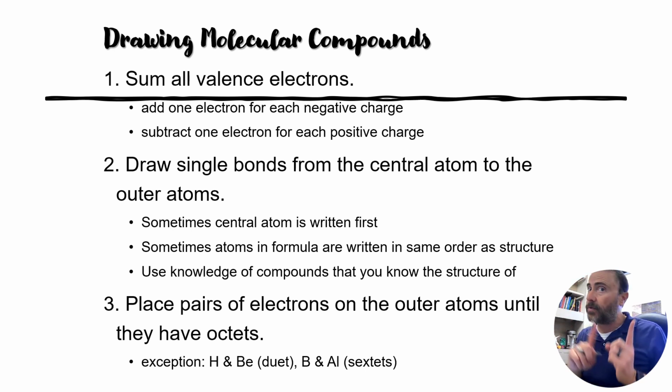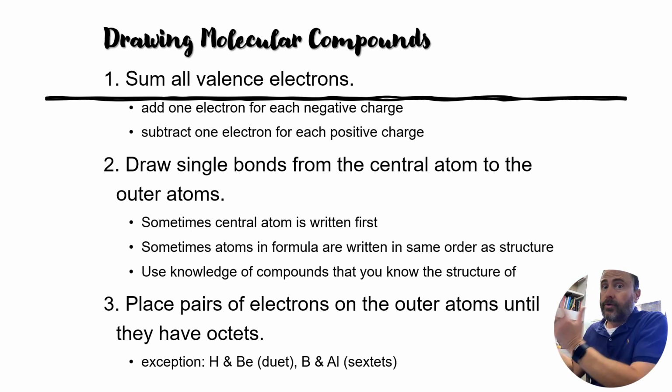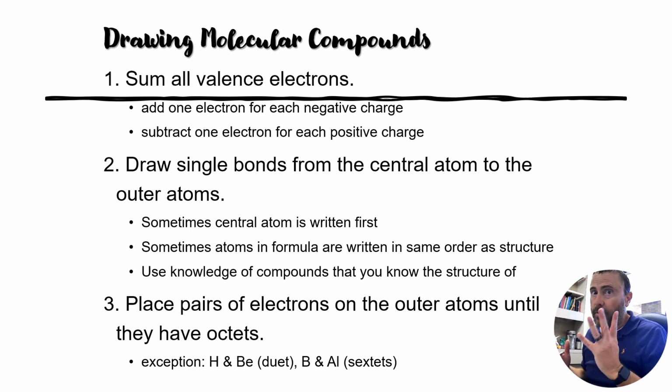Group 1 has 1 valence electron. Group 14 has 4 valence electrons, and so on. If you have an ion and it has a negative charge, you have to add an electron to it. If you have an ion with a positive charge, you subtract an electron from it.